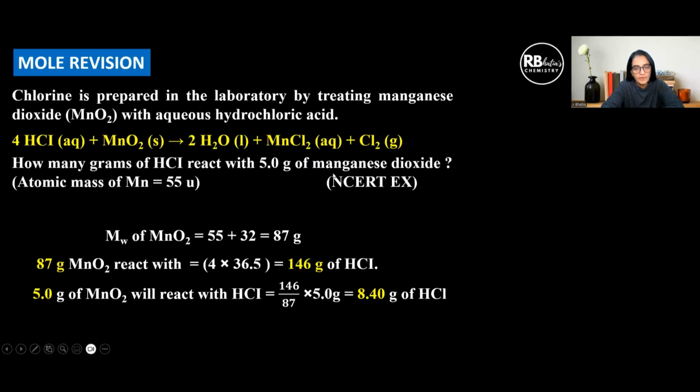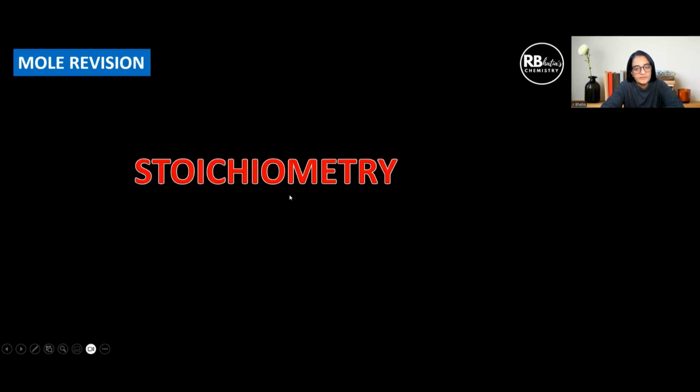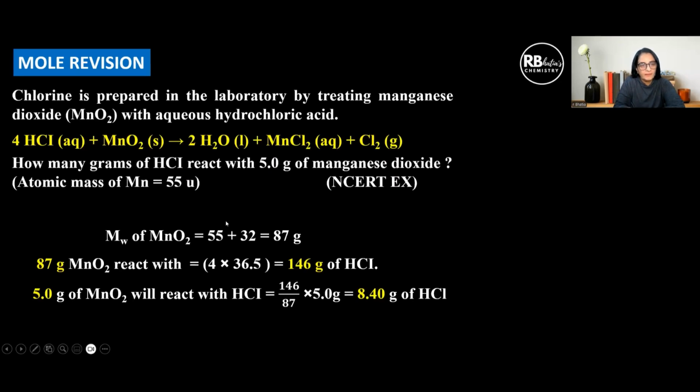What is stoichiometry? Stoichiometry involves questions based on balanced chemical equations. So the first question to understand this concept is: chlorine is prepared in the lab by treating manganese dioxide with aqueous hydrochloric acid.